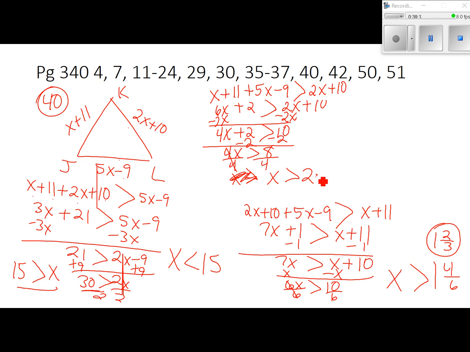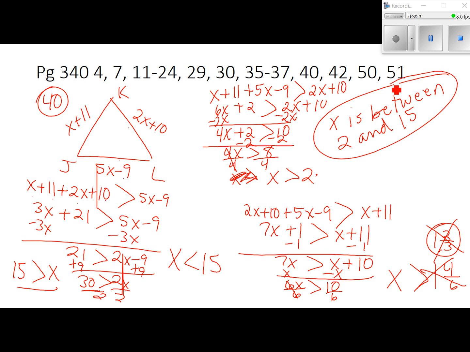We already know x has to be larger than 2, so we're already greater than that. So this one here doesn't really help us any. So we know our x must be between 2 and 15. We know it's got to fall between those two.